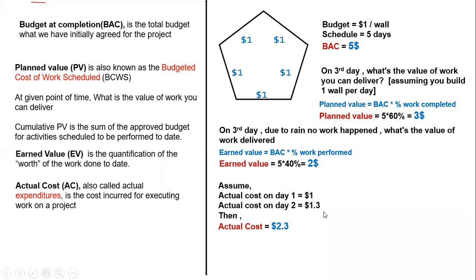So how does this 1.3 come? There can be some issues, some defects, some rework, or some demolishing that happens. So what you planned was $1, but you were forced to spend 1.3. So your actual cost is $2.3.